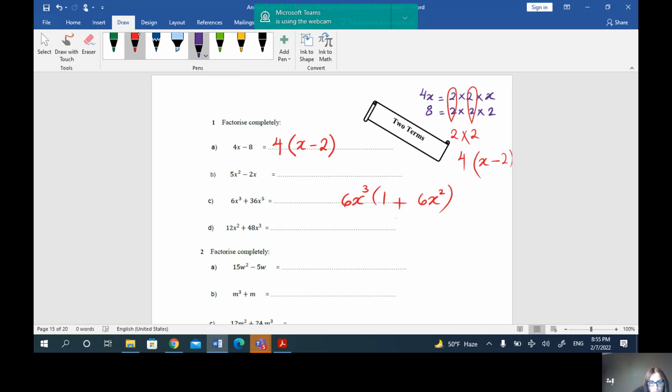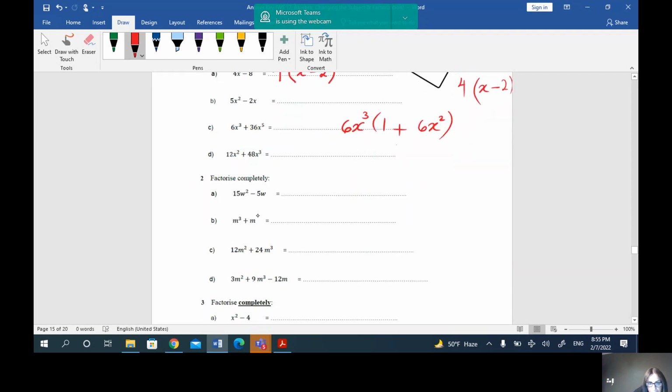Okay? Now, let's go to this one here, 15w squared minus 5w. So 5w will come out. 15, it will be 3w minus 1. If you don't know how this is going, do the original. 15w squared. 15 is 3 times 5 as primes times w times w. 5w, 5 is originally a prime, so it will be 5 times w.